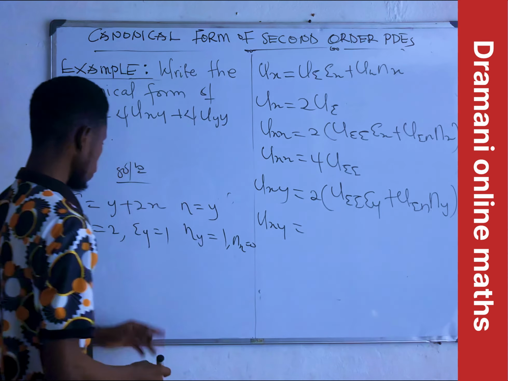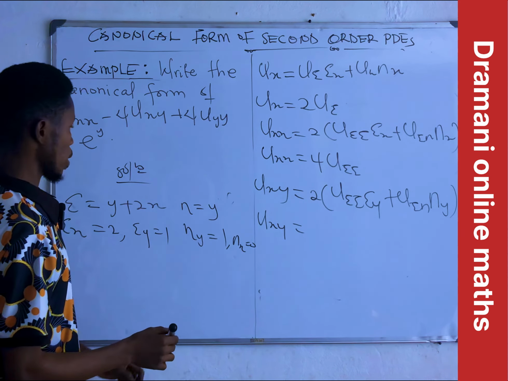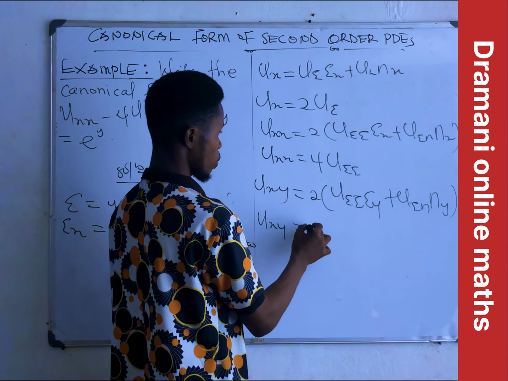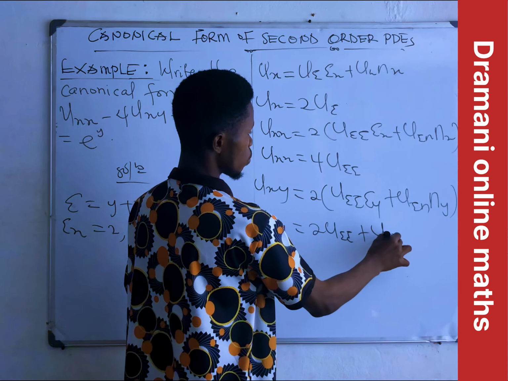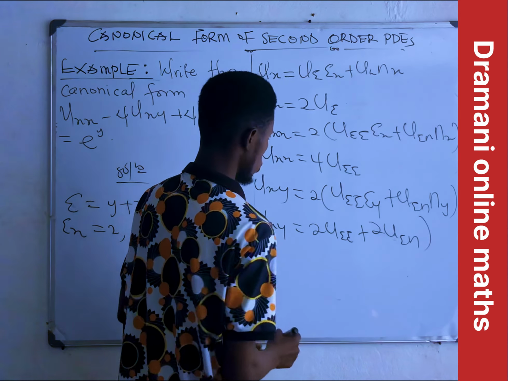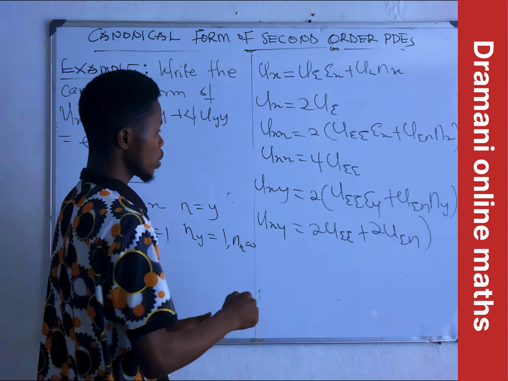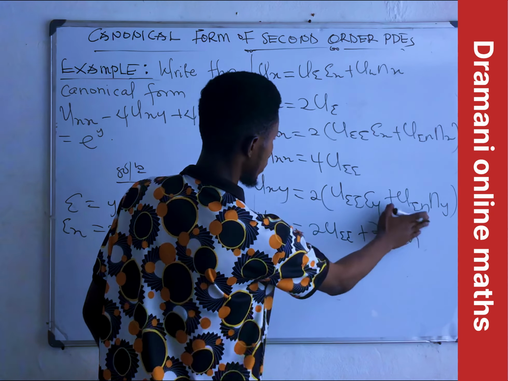Xi y is 1. Eta y is also 1. So it means that you're going to have 2u xi plus 2u xi eta. So this is what you're going to get. Is that okay?